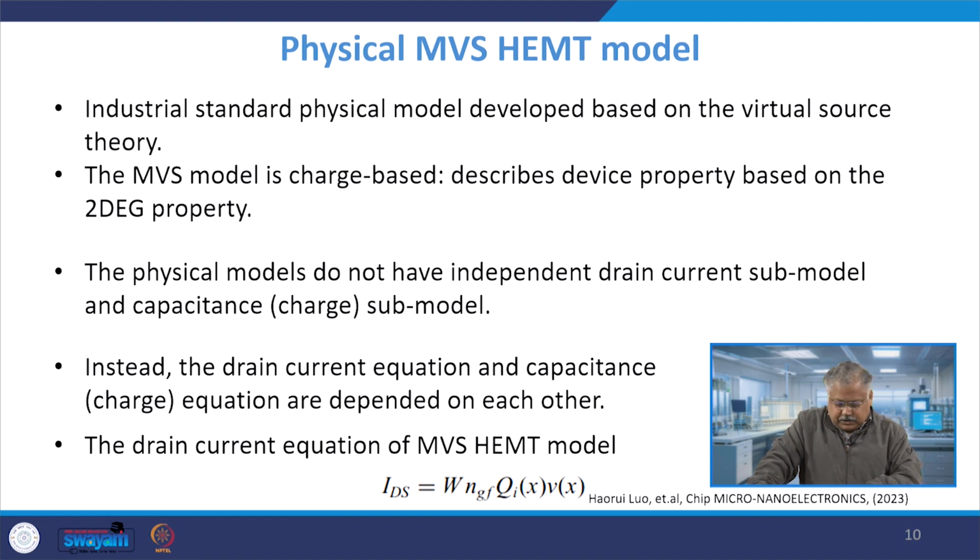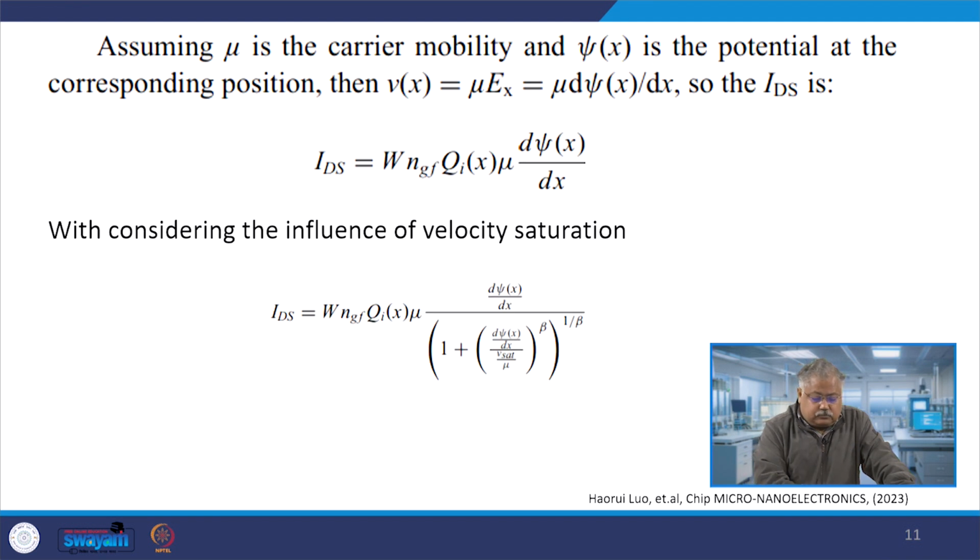The drain current equation gives W into NGF into QI into Vx, almost like a standard FET device, where W is the width, QI is the inversion charge density, V is the saturation velocity, and NGF is the density function. Multiplying all of this, you get ID as the drain current flowing through the device.